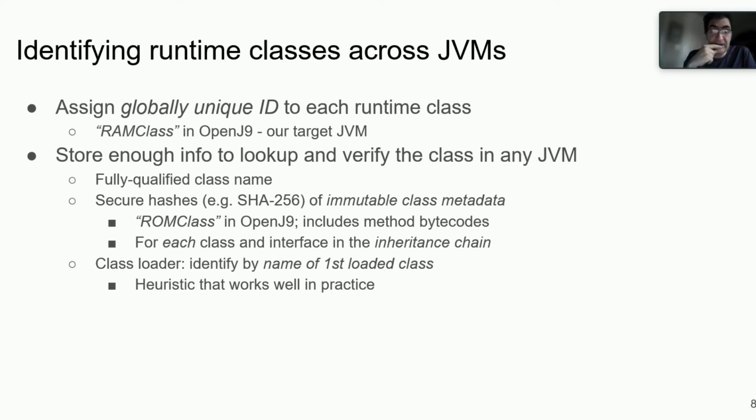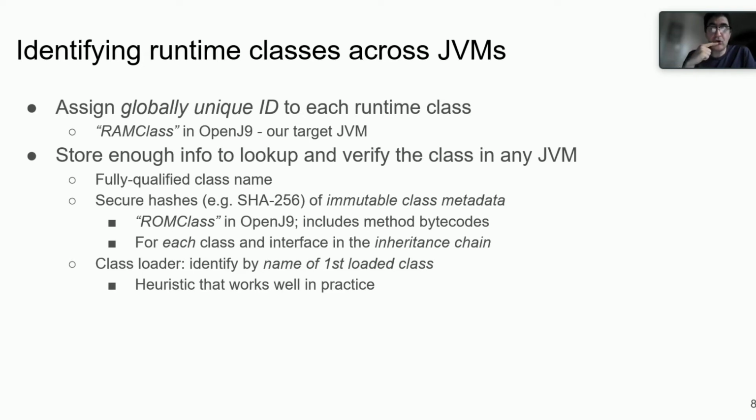As a sidebar here, a ROM class in OpenJ9 parlance is the read-only part of a class, and you can think of it as a pre-processed java .class file. And from it, at runtime, OpenJ9 generates the so-called RAM classes, which are internal representations of the Java classes.